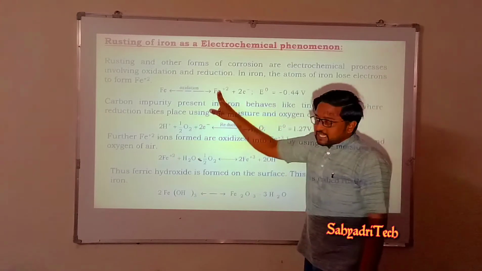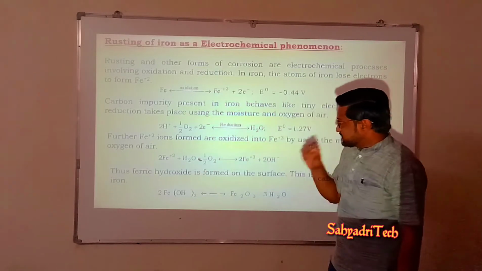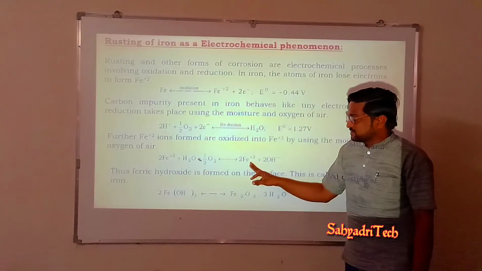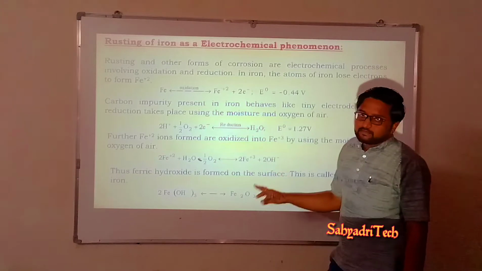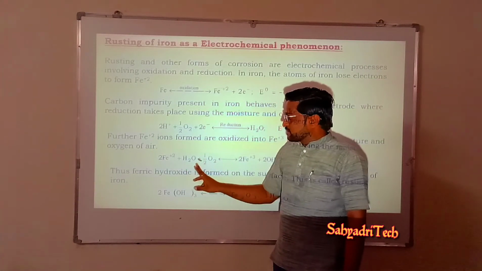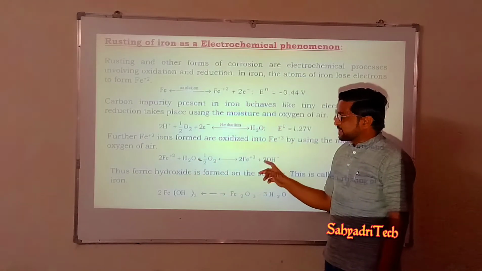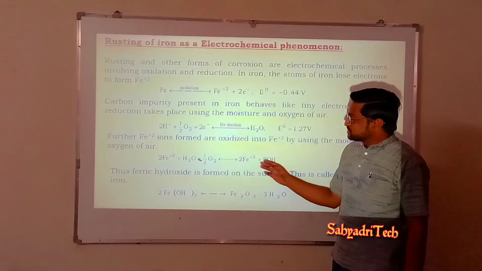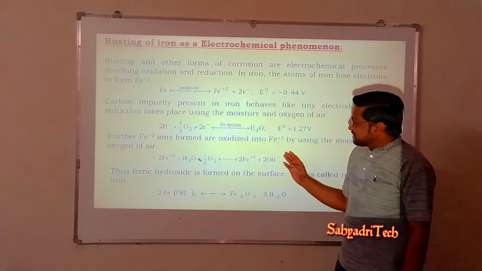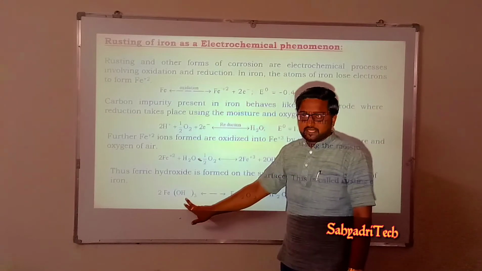Further, the ferrous ions present in the moisture content undergo oxidation to give ferric ions and hydroxide ions. So ferrous ions combine with water molecules and oxygen and get converted into ferric ions, and hydroxide ions are liberated. These ferric ions readily combine with hydroxide ions to give rise to ferric hydroxide.